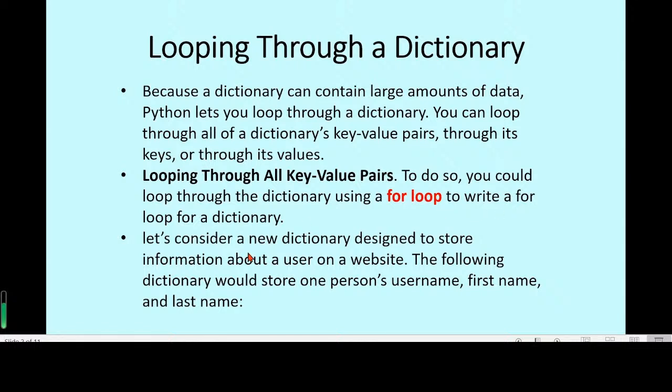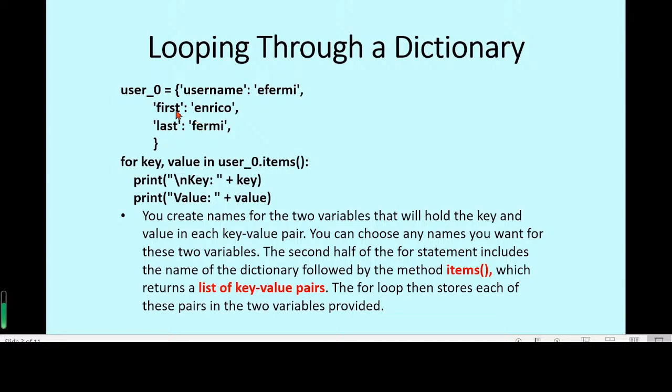So let's consider a new dictionary designed to store information about a user on a website. The following dictionary will store one person's username, first name, and last name. This is a dictionary called user, and it stores username Fermi, first name Enrico, and last name Fermi.